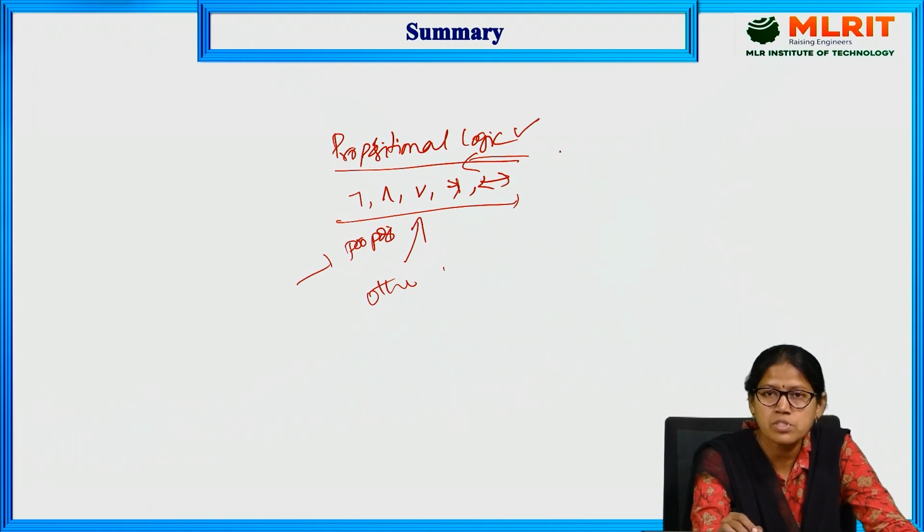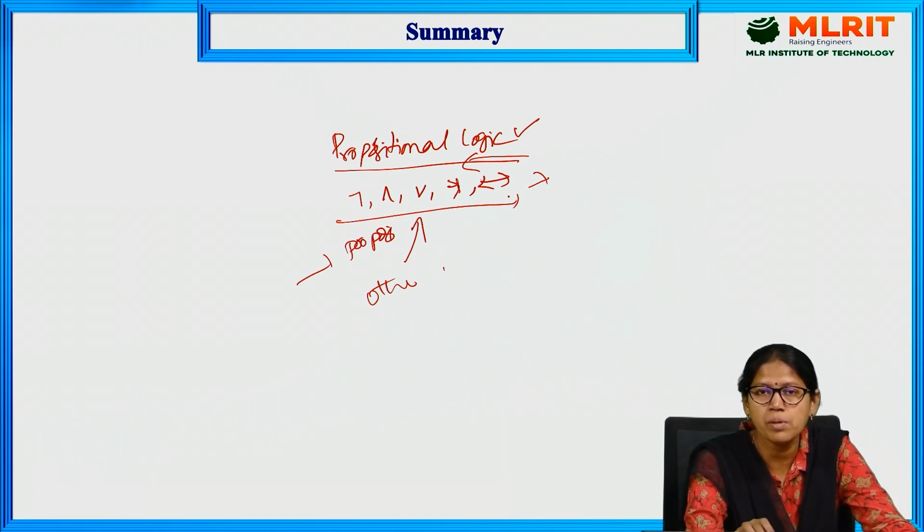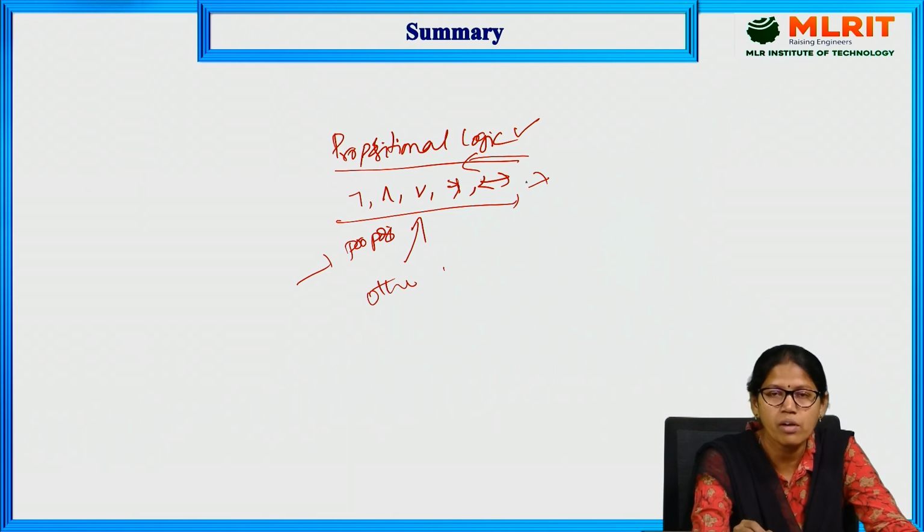Using this, we can find out whether a formula is valid, satisfiable or inconsistent by using truth tables. But the problem is if the number of atoms increases, then the interpretations also increase. That is one of the drawbacks in propositional logic. To avoid that, we have other methods.